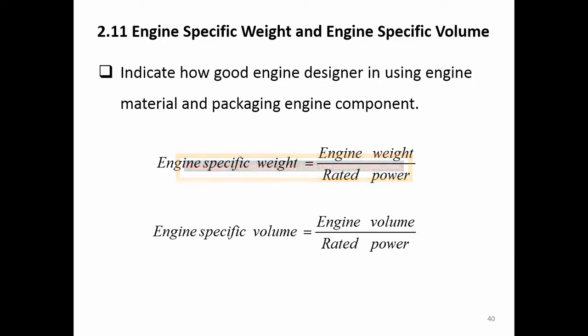This parameter is considered important because it will indicate how good an engine designer can do in using the engine material and packaging the engine components, right?